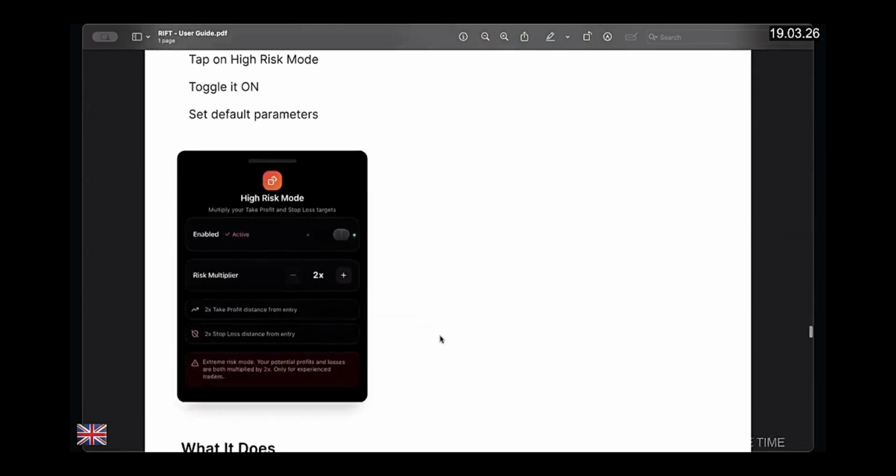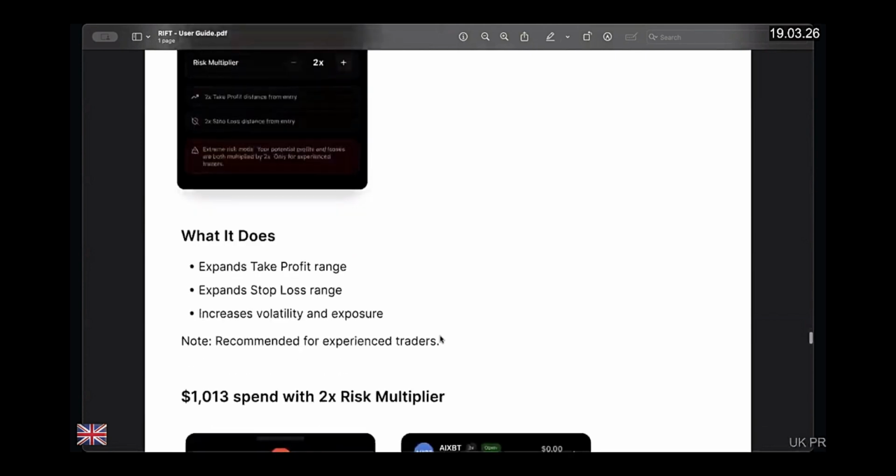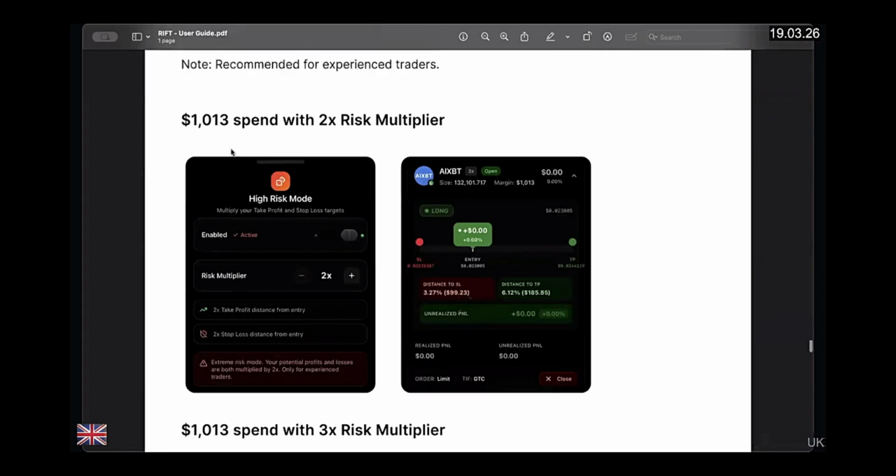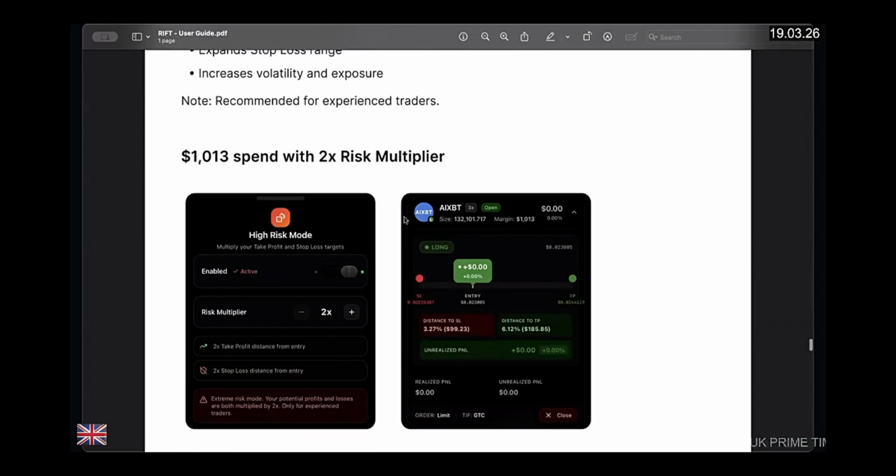So when you enable the risk mode at low 2x, your risk multiplier remains 2x, and the same trade that is of $100, this is $1,000 spent with 2x multiplier.